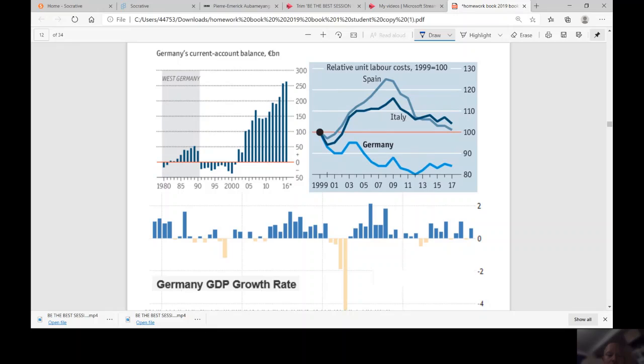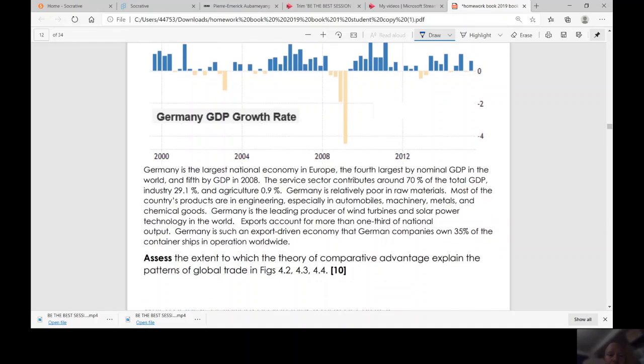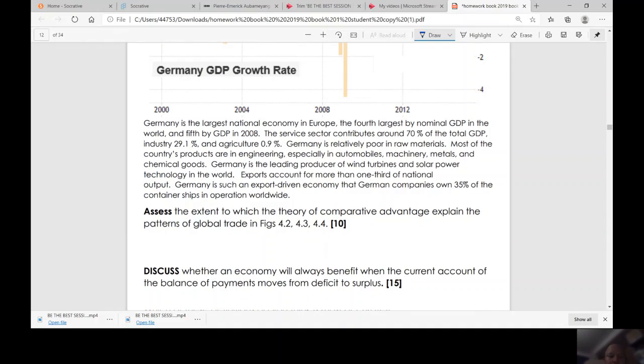The case study itself has some information about Germany. So you've got Germany's growth rate, you've got their current account on the balance of payments, you've got Germany's labour costs in relation to Italy and Spain, and then you've got a little case study here to talk about Germany being the largest national economy in Europe. It's fourth largest by GDP in the world and fifth by real GDP.